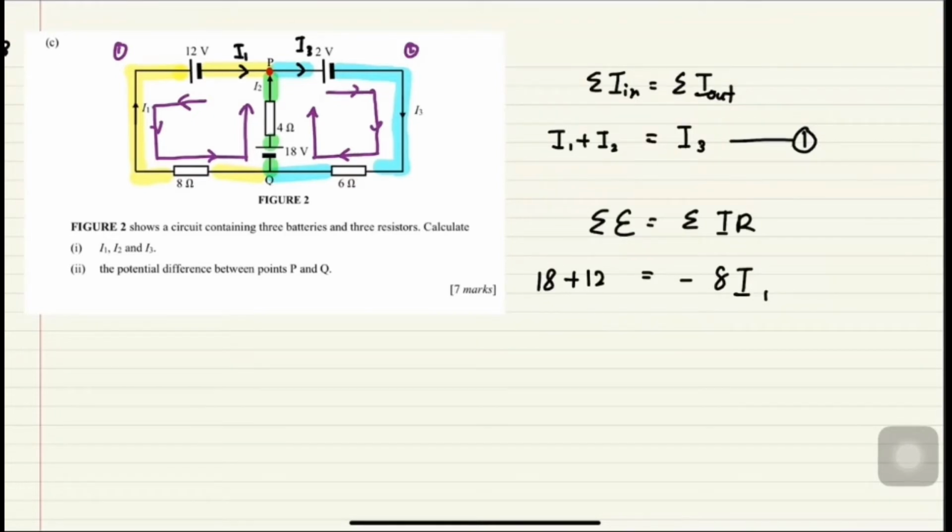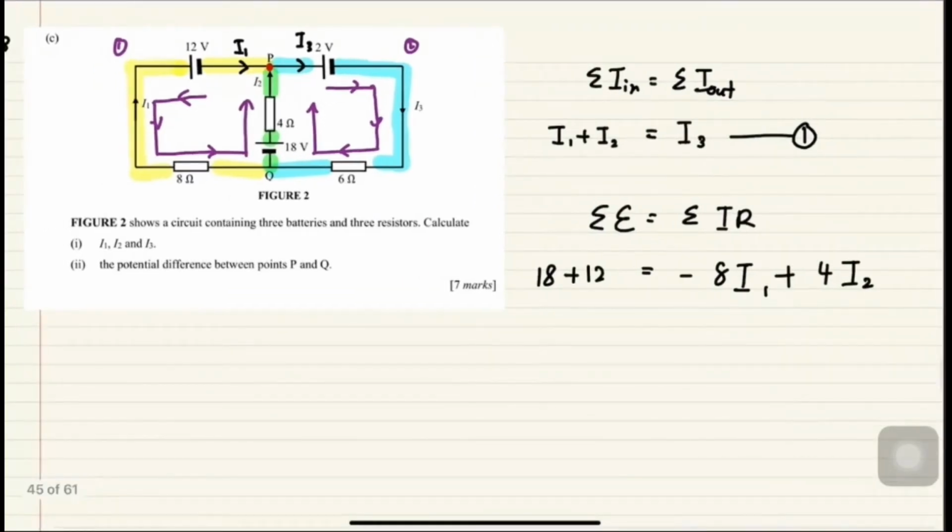Opposite direction kan, so the negative. I2 pula, for this resistor, I2 going up, loop direction going up, same direction, so positive for I2. Okay, this one is for the second one. And then for the third one, actually this one you can write down straight away, that one is 30.